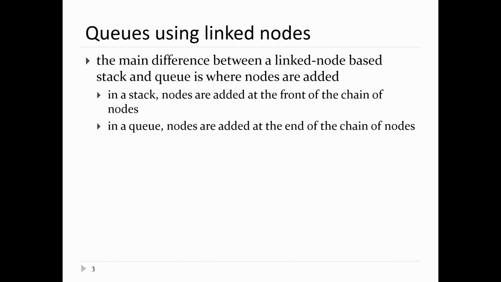Every time we pushed an element onto the stack, it got added to the front. Queues have stuff happening at both ends. When you add an element in a node-based queue, we're going to add it to the end of the sequence of nodes. But when you remove an element, you're going to remove the first element in the chain of nodes.